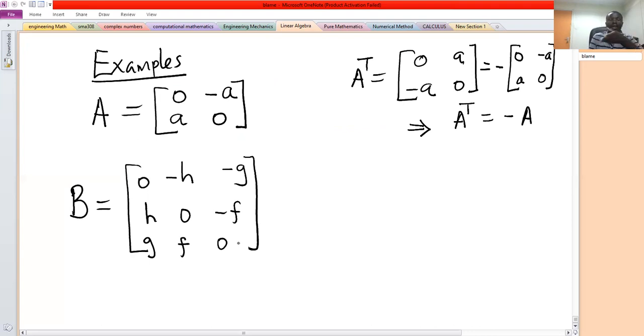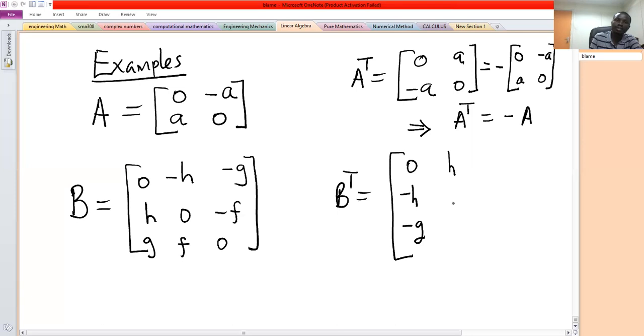One, all the elements along the main diagonal are 0, and then the transpose of the matrix is equal to the negative of the matrix itself. Now here B transpose is 0, h, g, and then minus h, 0, f, and then minus g, minus f, 0.